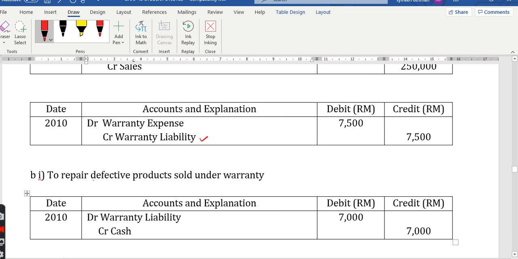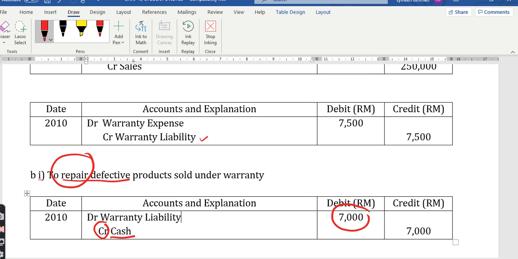Once you perform the repair for the defective goods, you need to take out the amount from your warranty liability, only up to 7,000, because that is the actual warranty that is given. Since you repair, that means you need to pay for the repair, so we will credit cash.